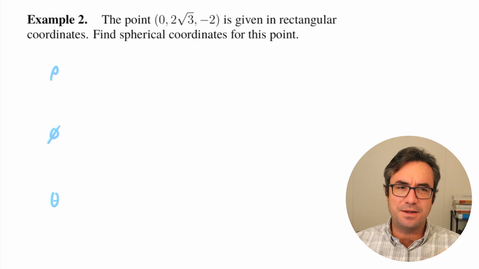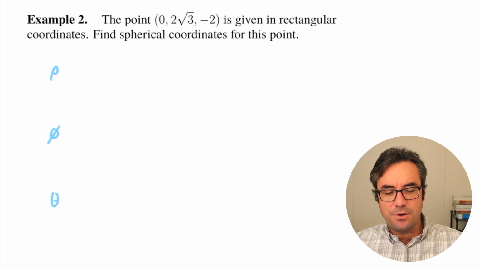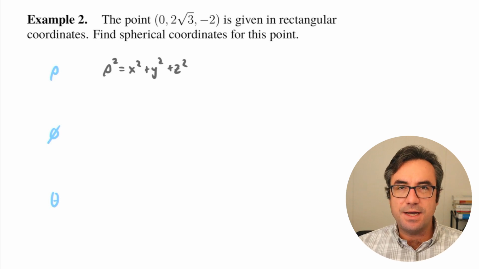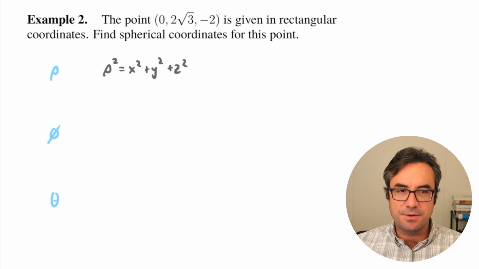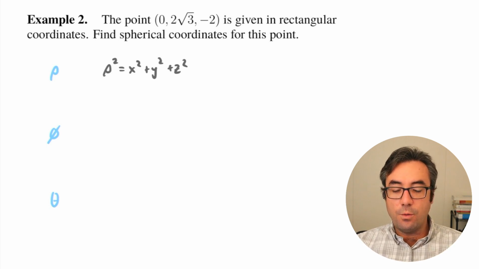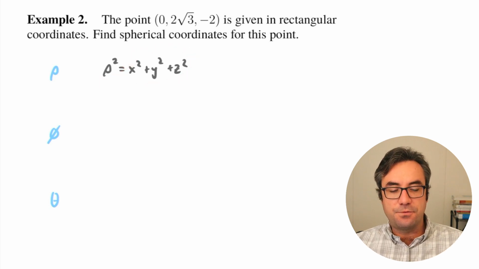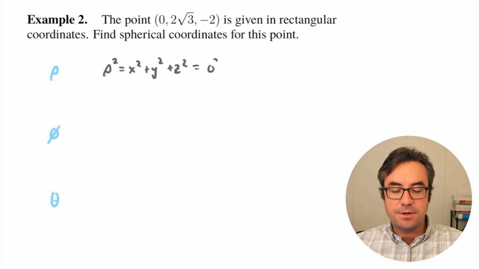The reason why is because for rho, we have a nice equation that tells us how to immediately get it. Rho squared is equal to x squared plus y squared plus z squared. We know what all of these are, so we can immediately solve for rho. Plugging in, x squared is 0 squared.